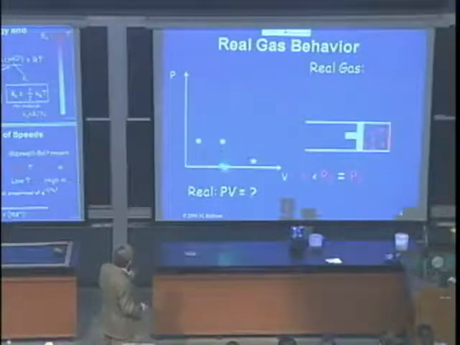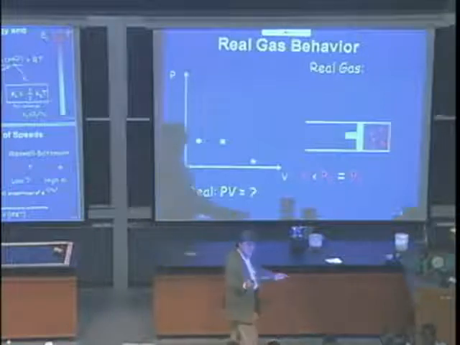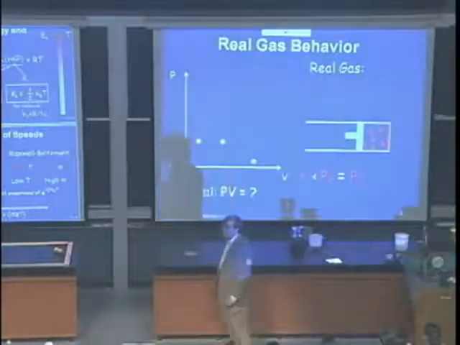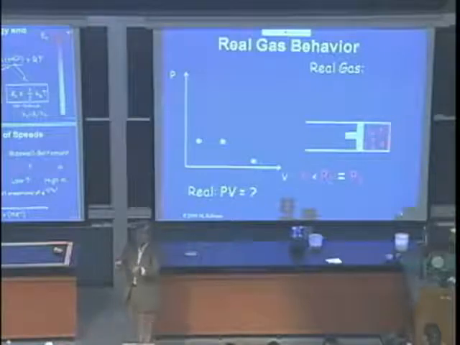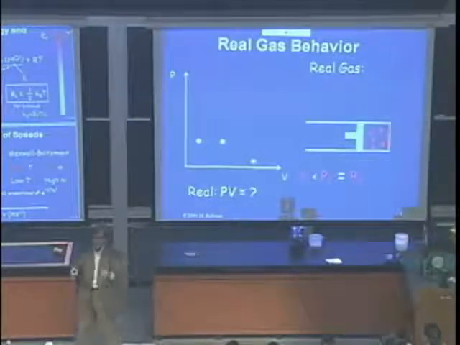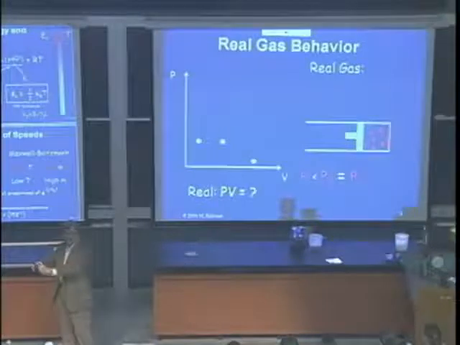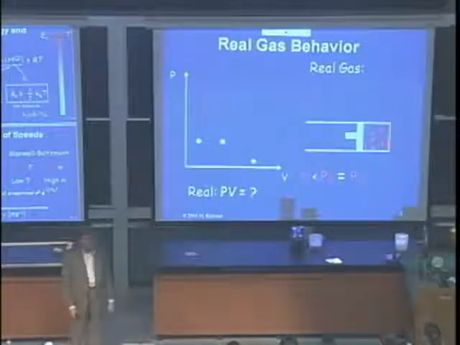The volume reduced was larger here, and it's smaller here, but the pressure did not change at all. It did not change. So there must be somehow some empty space now where the gas was before. And this empty space was like a vacuum, and I could push the piston forward, and the volume changed, but I didn't have to have much pressure on there, or any pressure. What happened?